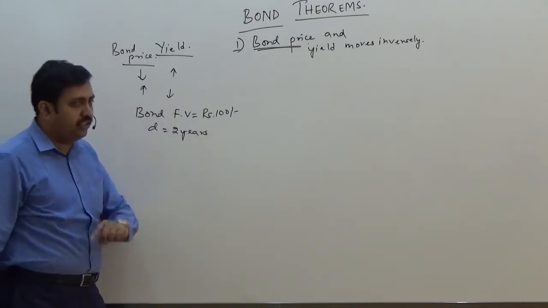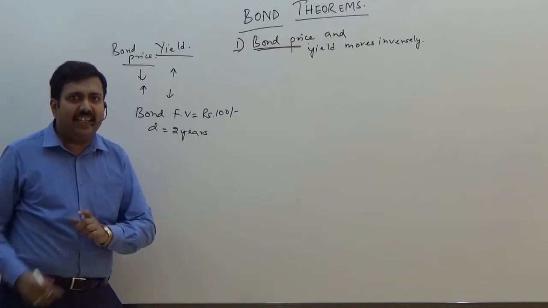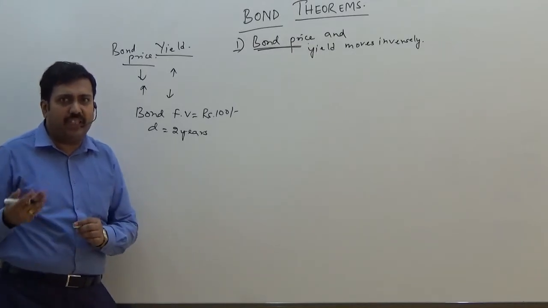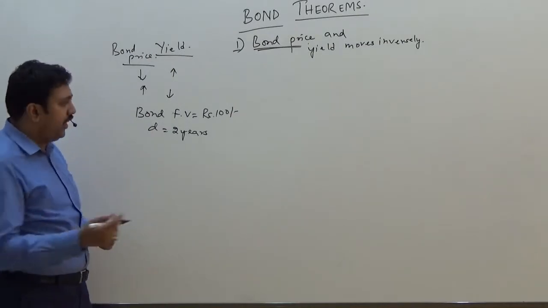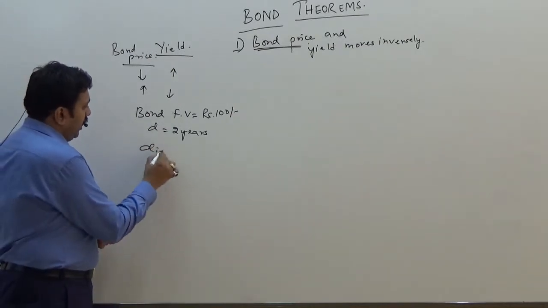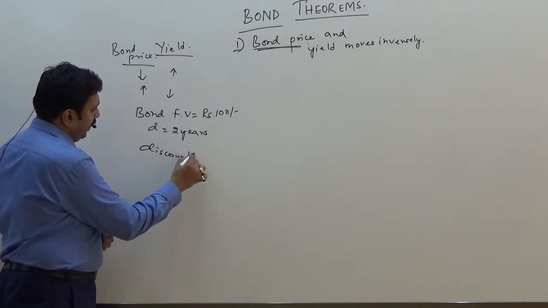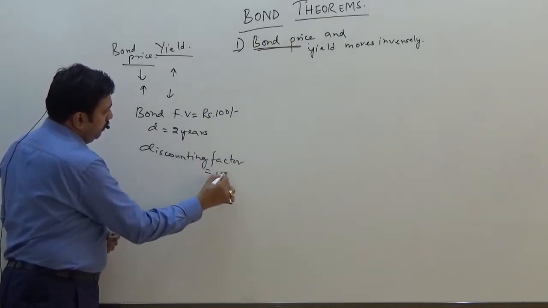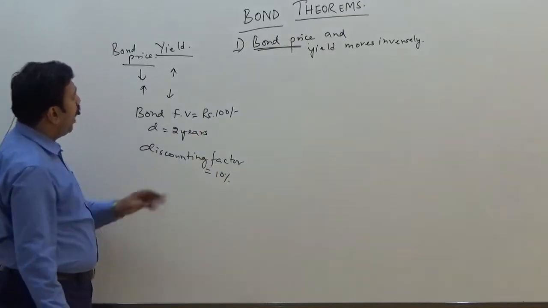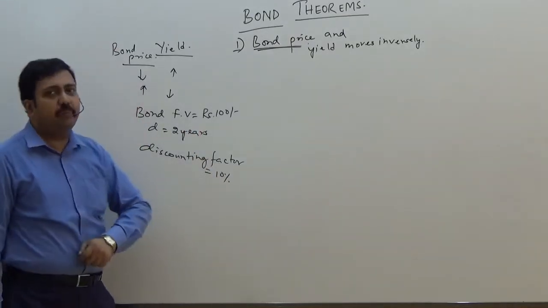And if I assume that the interest, or the discounting factor for that matter, is say 10%, how are we going to calculate the bond price?